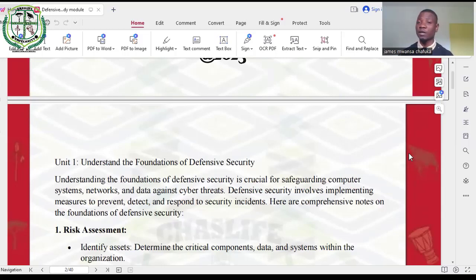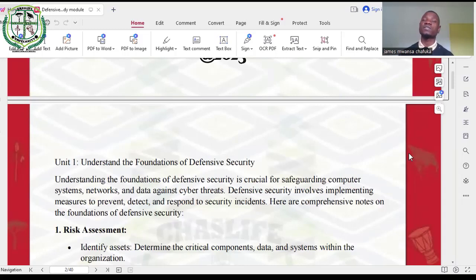The interconnection of computers brings the aspect of networking, and also what is involved in networking, like the layers. So to understand networking, the layers and everything involved, it is very important that you understand defensive security. Very important.